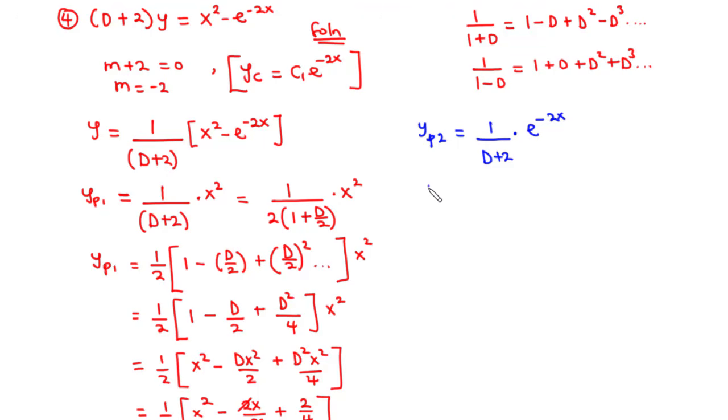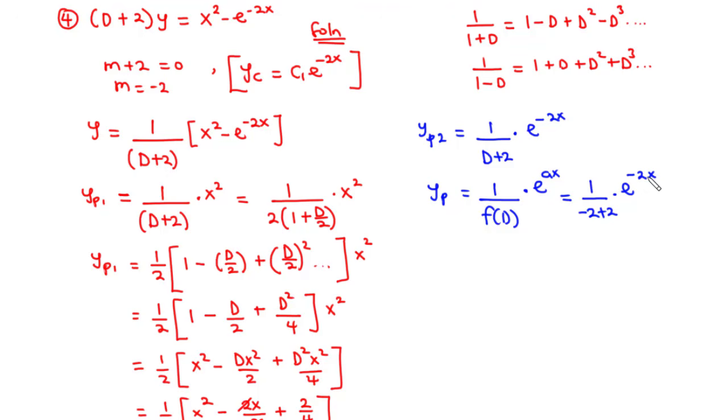Now we said that if you have yp equals 1 over f of d times g of x, where g of x is an exponential function, then we are going to substitute the value of a into the polynomial function of the d operator. So we are going to have 1 over the polynomial function of the d operator, where a is negative 2. So we have negative 2 plus 2, times e to the power negative 2x.